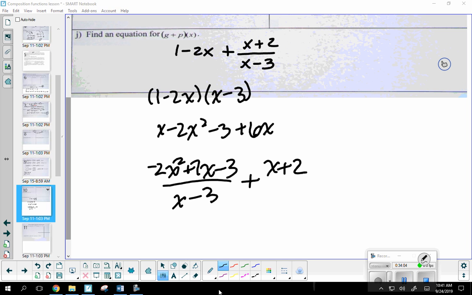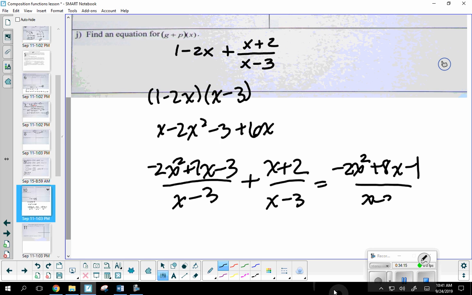Okay, so now she's got an equivalent fraction for the first expression. So negative 2x squared plus 8x minus 1 over x minus 3.